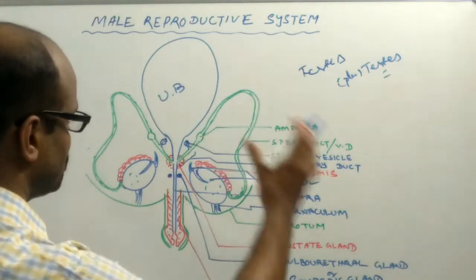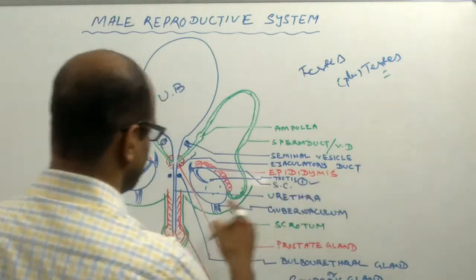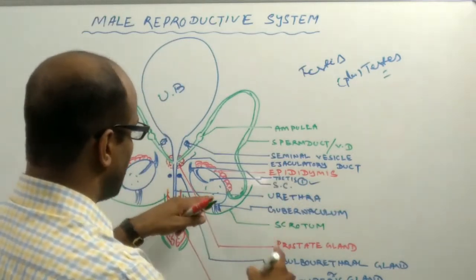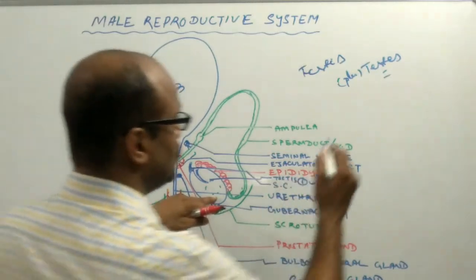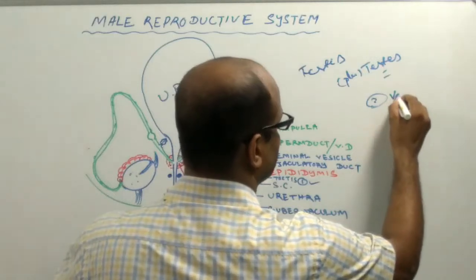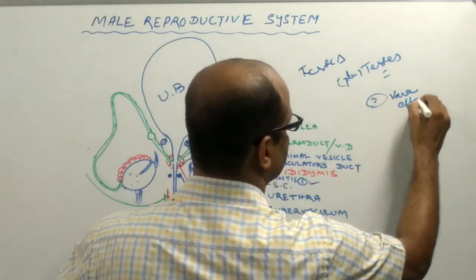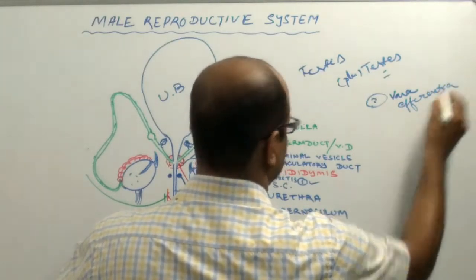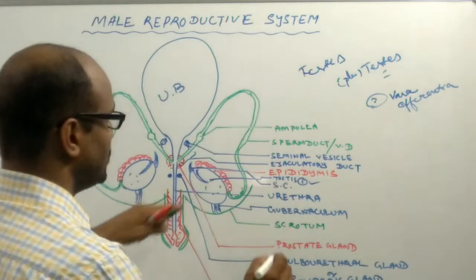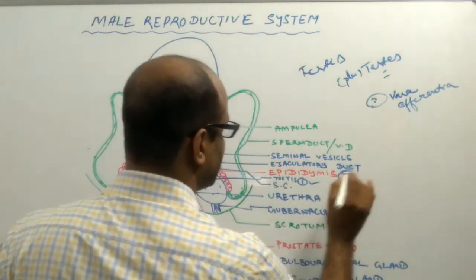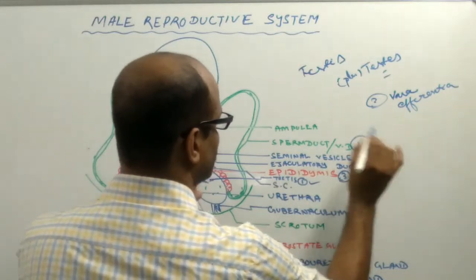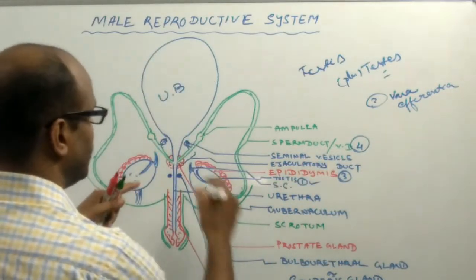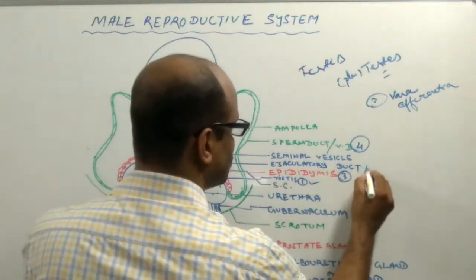So the total reproductive system comprises the testes, then the vasa efferentia, which are present inside the testes, as the second organ, and the third one is the epididymis. The fourth one is the sperm duct. The fifth one is the ejaculatory duct.